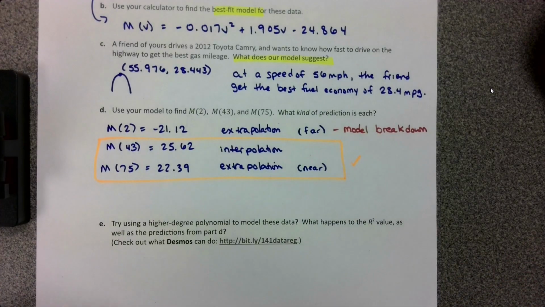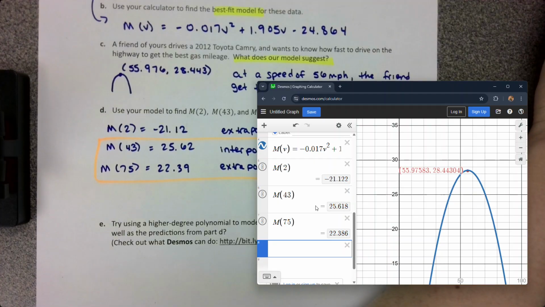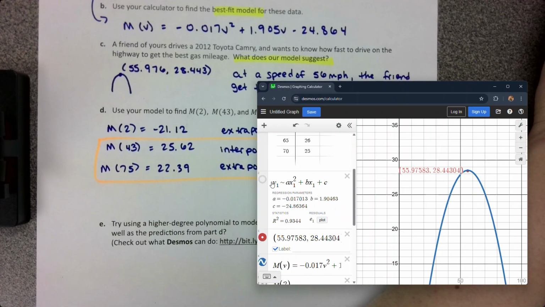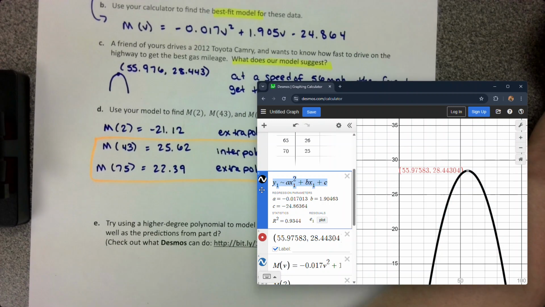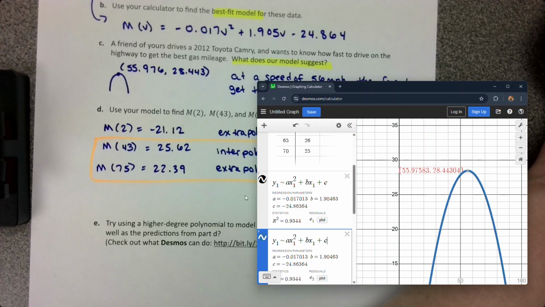Try using a higher degree polynomial to model these data. What happens to the r-squared value as well as the predictions from part D? All right, so I did use the quadratic here. We copy that and paste it. I might change this now to a cubic.